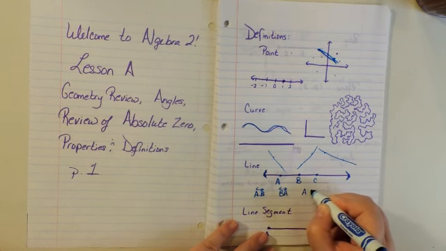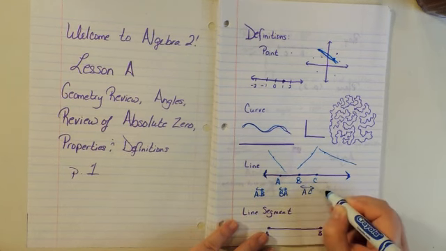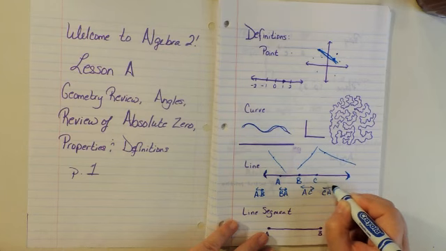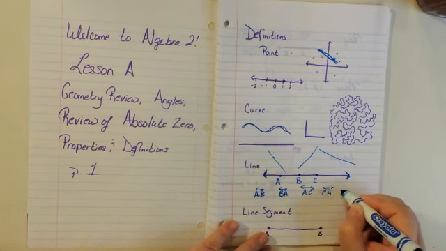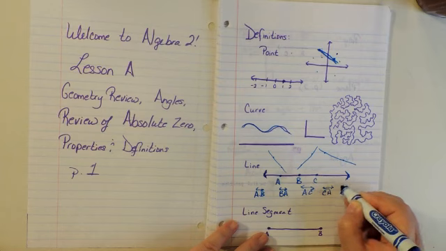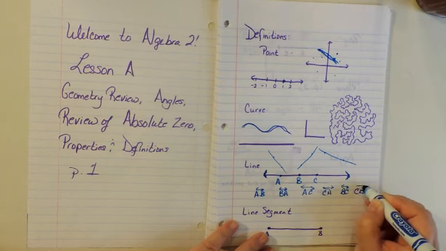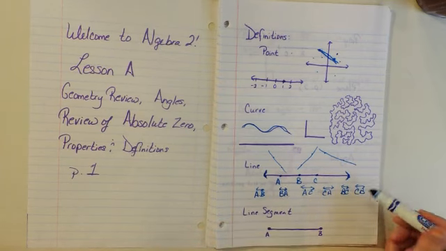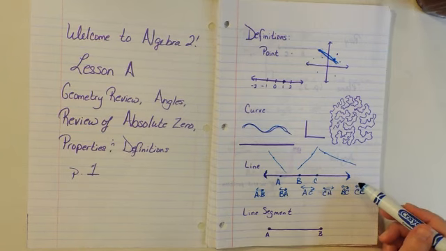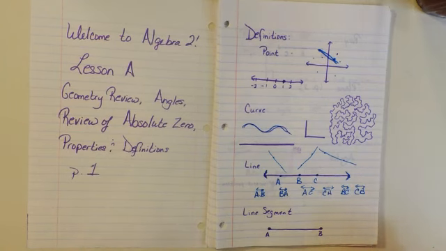We can call it line AC. We could call it line CA. We could call it BC. We could call it CB. Okay, any of these names is a correct name for this line because it describes the points that are on the line.